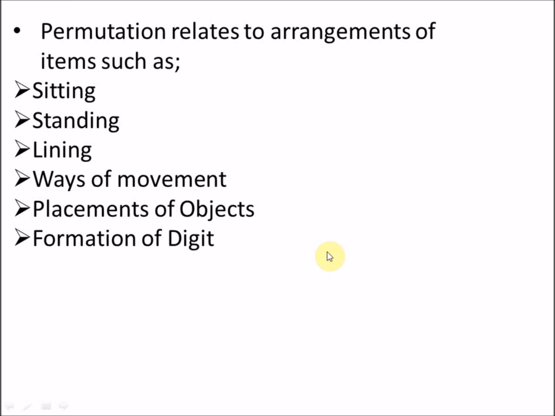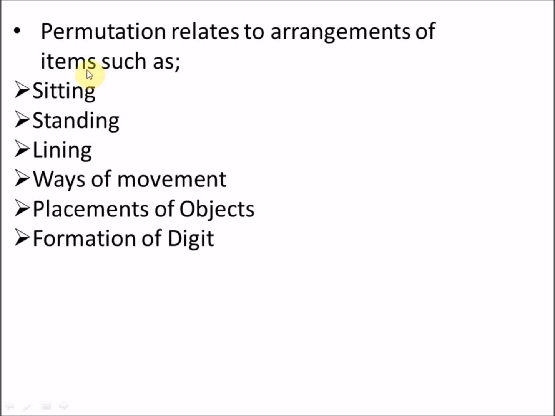Another thing we have to note is that permutation relates to the arrangement of items, such as seating arrangement. Don't worry, in our next video I'm going to be taking JAMB past questions on permutation, from several years, for you to understand it better. It deals with seating arrangement, like how many people can be sat at a round table, standing arrangement, in how many ways can a number of people stand in a particular position, lining arrangement, ways of movement.